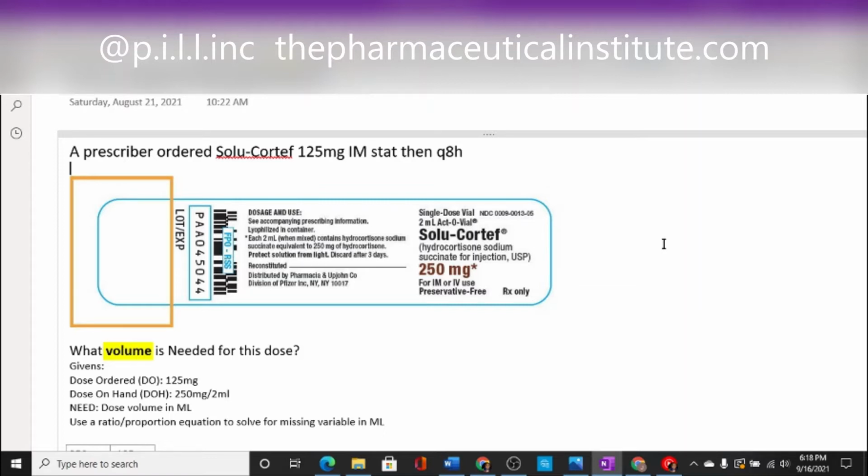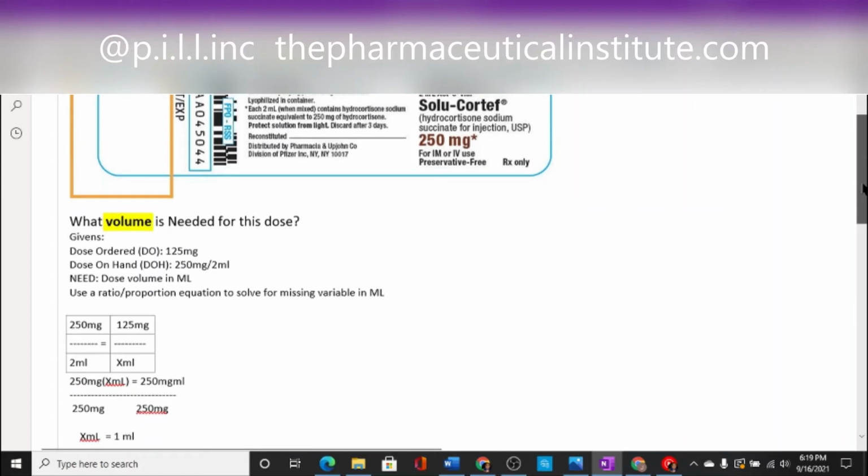The doctor ordered 125 milligrams of Solu-Cortef, but our stock label here says we have 250 milligrams of Solu-Cortef in stock. What volume is needed for this dose? When we see the term volume, that lets us know we're looking for milliliters or liters. Our answer should not end in milligrams, grams or ounces. We're looking for a volume.